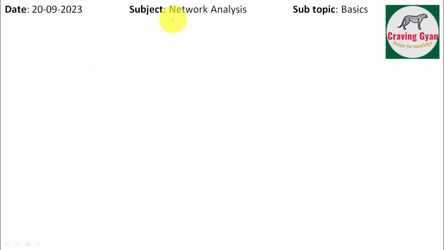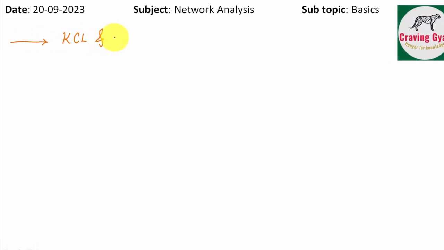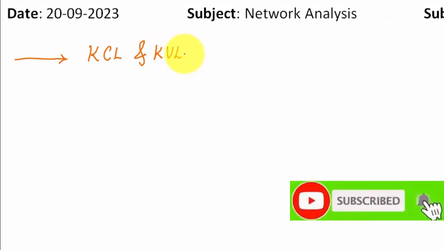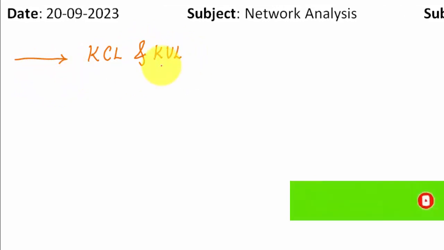In order to study this network subject, what are the prerequisites? Prerequisites are, say suppose in your physics in 12th, or in diploma, you have come across KCL and KVL, and even in engineering also you have studied this KCL and KVL concept. If you know that KCL and KVL concept, that is more than enough in order to solve the network problem.